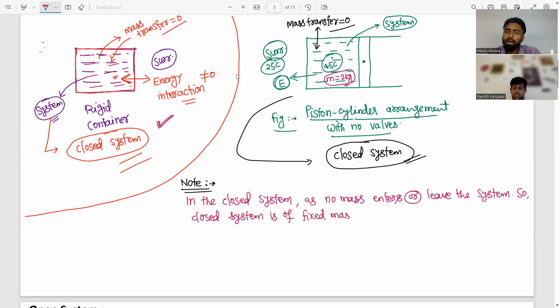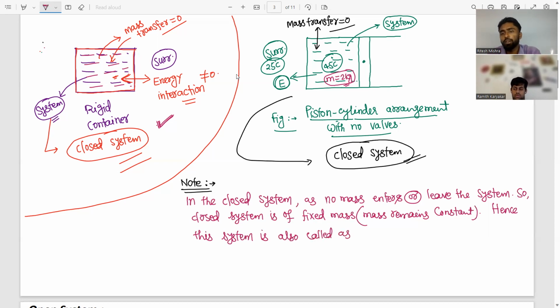Fixed mass means mass remains constant here. Hence this system is also called a control mass system. This is very important.